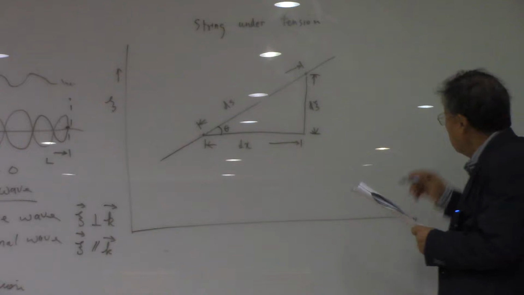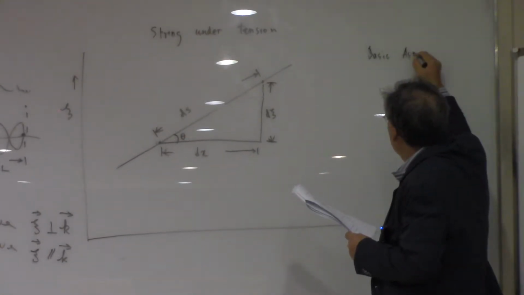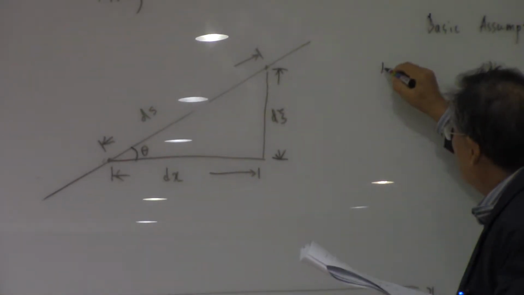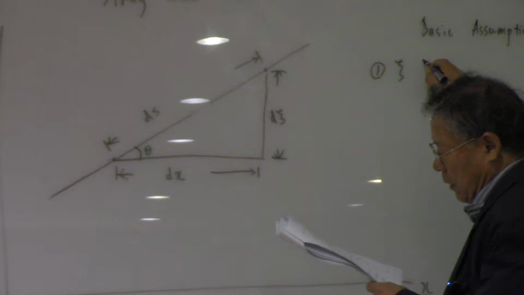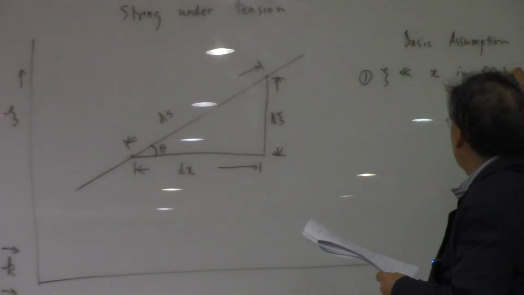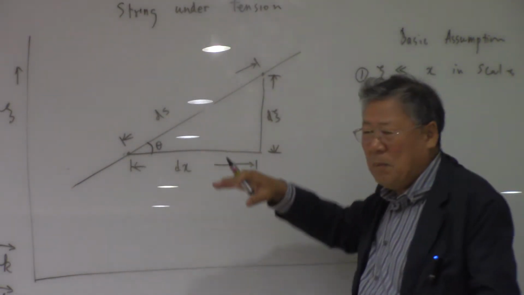And then there should be 3 basic assumptions, and that has been in the test. One is that psi should be very much less than x in scale, which means the displacement is not going to be much.